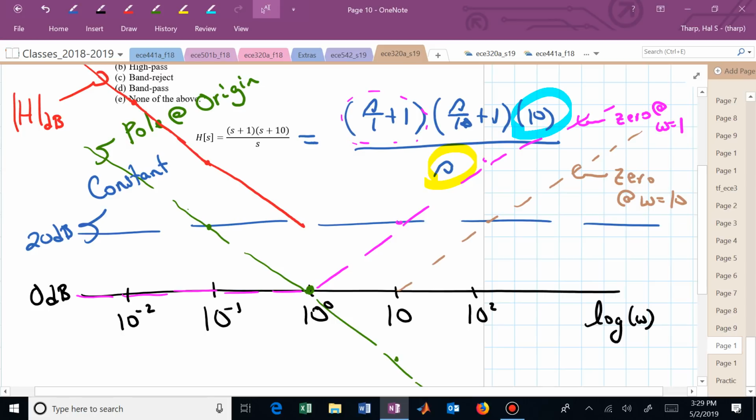What happens now? Well, now you just start looking at the slopes. You have green going down at minus 20 dB, and you have magenta going up at plus 20 dB. Those cancel. So your net is 0 dB per decade.